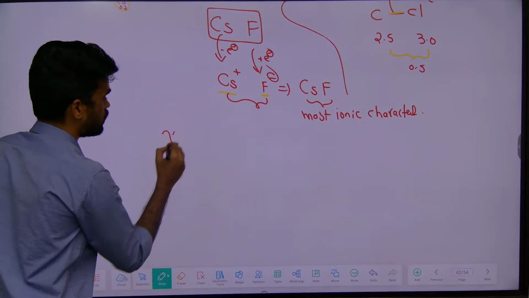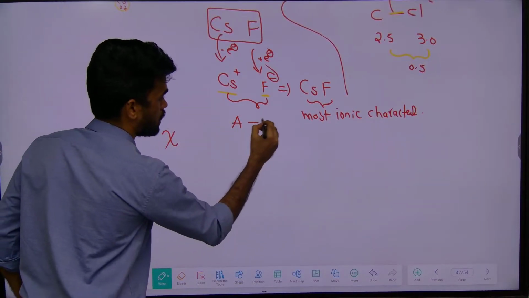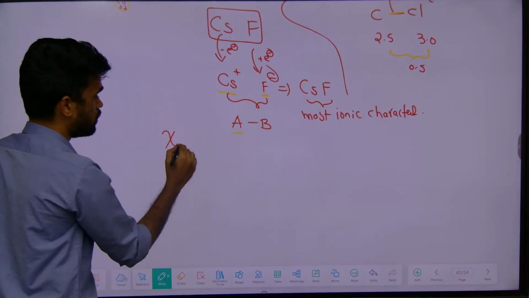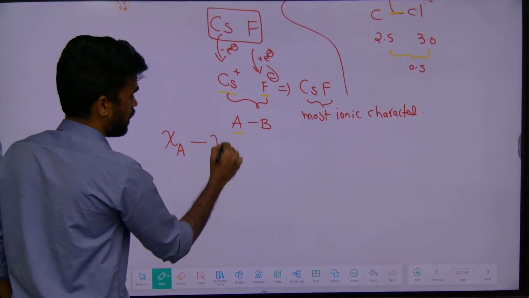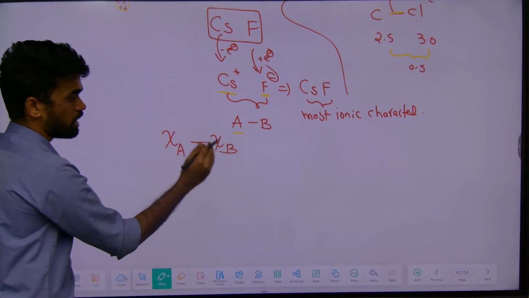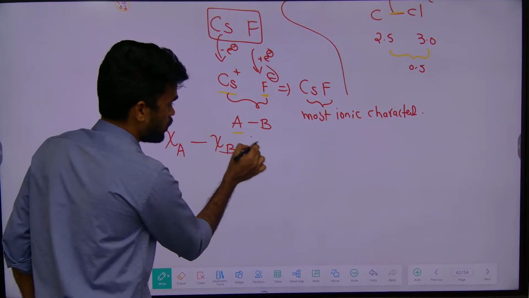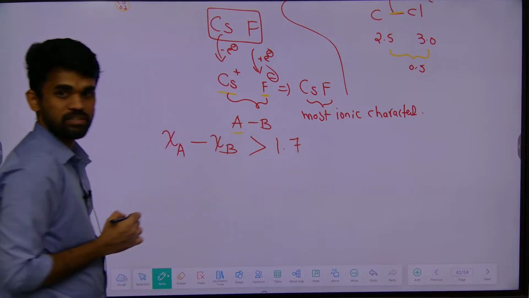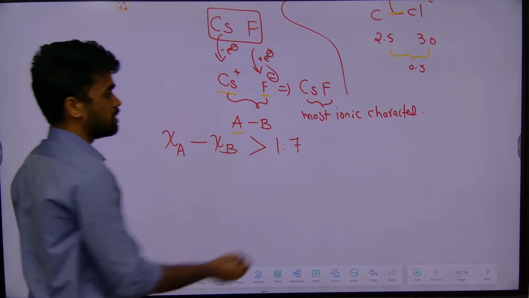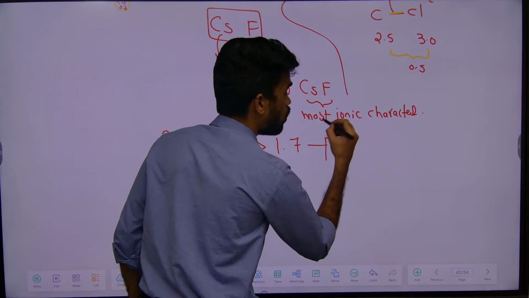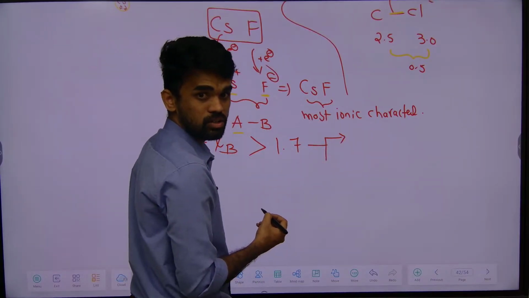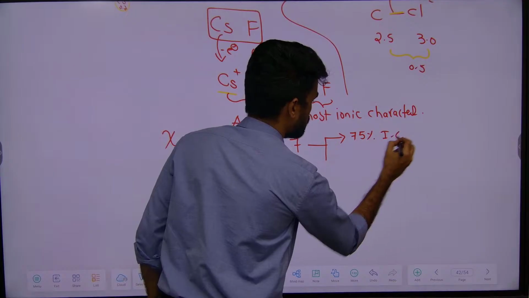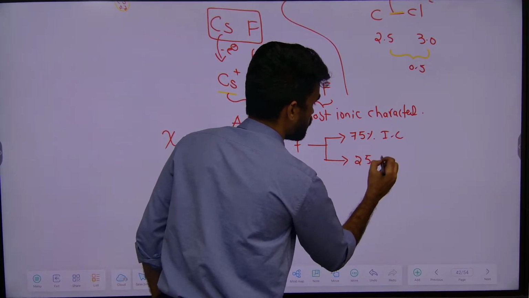Now we have a molecule AB. Consider A means cesium, B means fluorine. If the difference in the electronegativity of A and B is huge, bigger than 1.7, say greater than this, then that compound will have more ionic character. Almost 75% ionic character and 25% covalent.